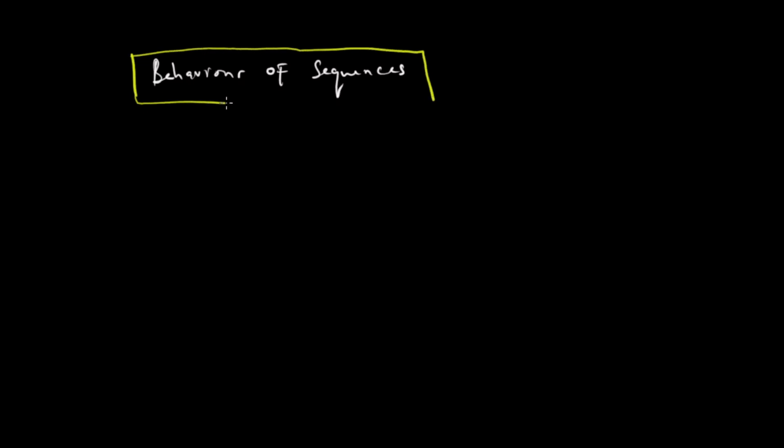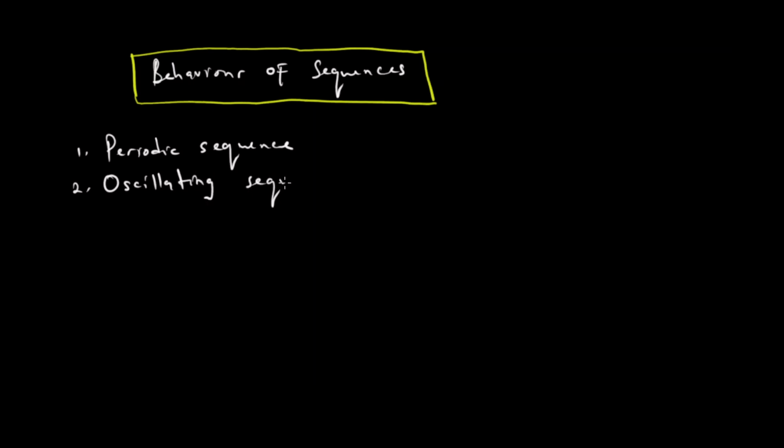The behaviors we covered: we talked about periodicity, that is a periodic sequence; we talked about an oscillating sequence; we talked about a diverging sequence, or divergent sequence; and we talked about a converging sequence.